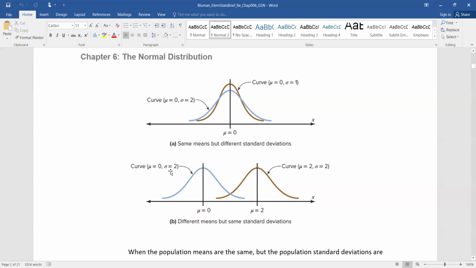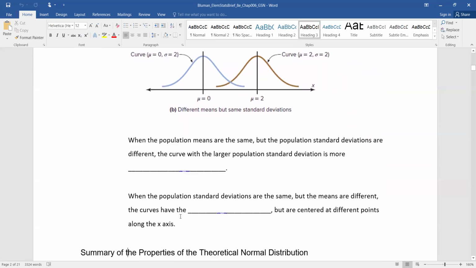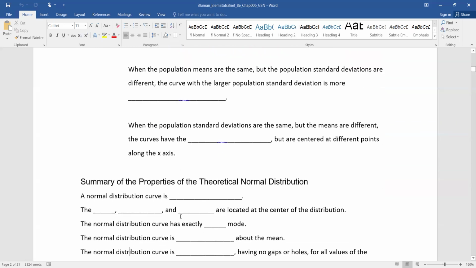And then you can kind of see here, again, the bell curve is still the same size with the same standard deviation, just the mean has shifted along the x-axis. So instead of 0, now it's at 2, but still the same shape. So when the population means are the same but the population standard deviations are different, the curve with the larger population standard deviation is more spread out, as you could see in that first diagram.